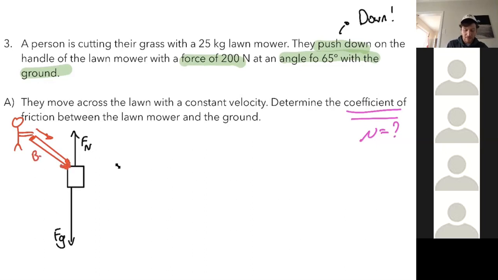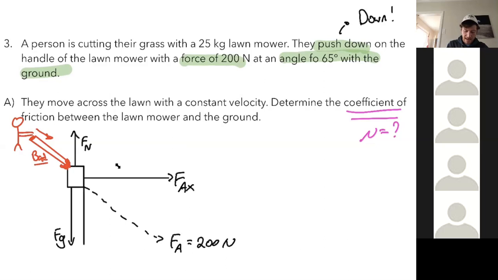We like to see the arrows going away. So in reality, what we have is this applied force going down at an angle like that. Which means if we look at the components of this, we're going to get an FAX component pushing it forward, just like we did in the last question, but the FAY is now pushing down.